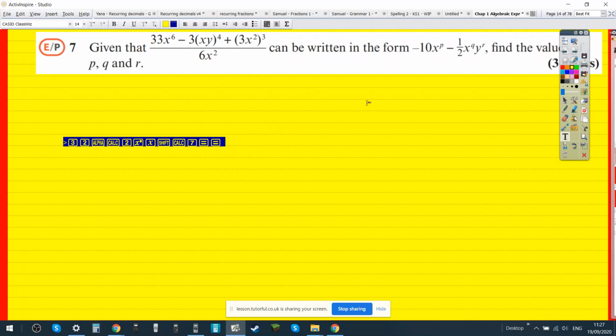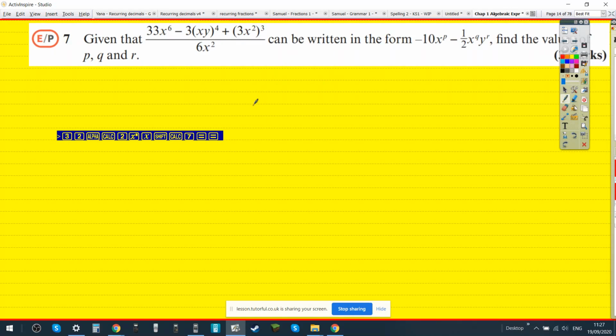Yep. Well done. And then the second one would be 27x to the power of 6.